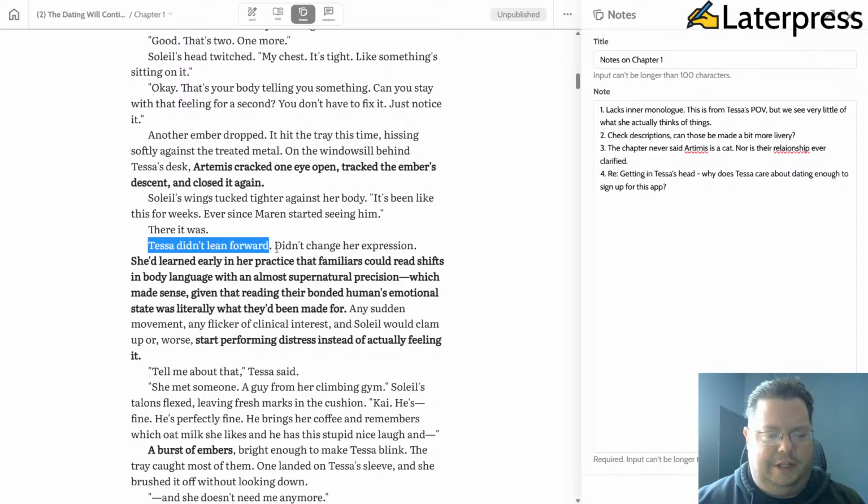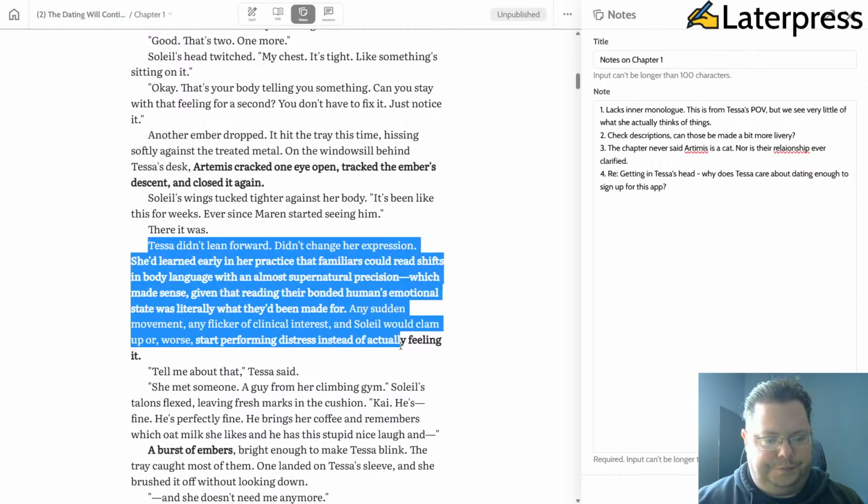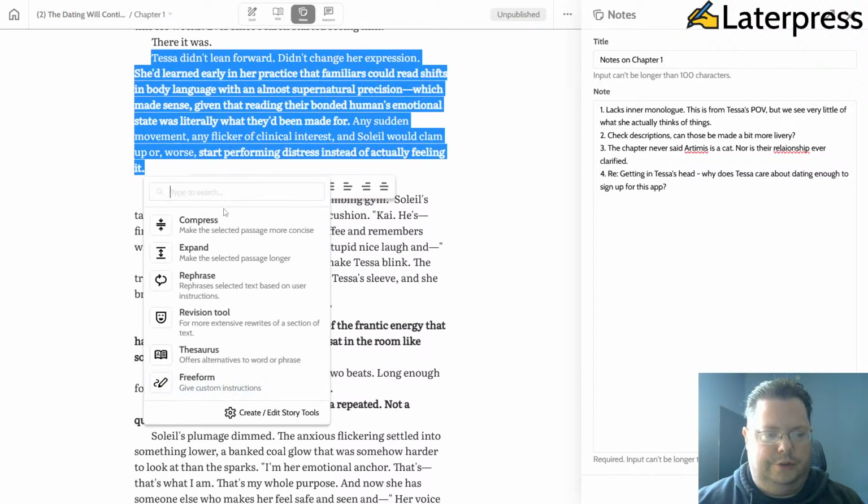So I think my intent here was, again, this is kind of as close as it gets to inner monologue or thoughts from Tessa in this chapter. If I want to change this, we could, using default tools, compress this, expand this, rephrase.